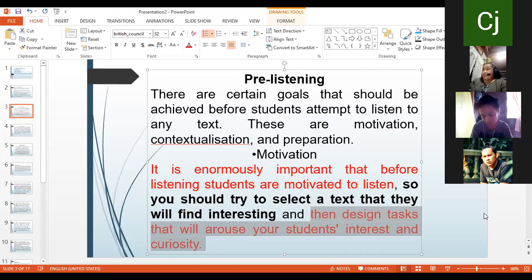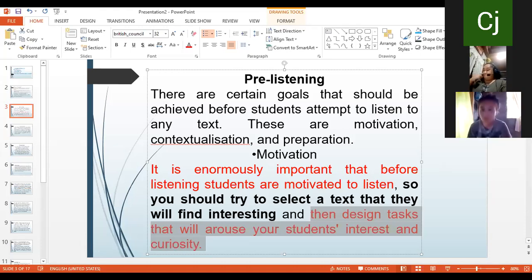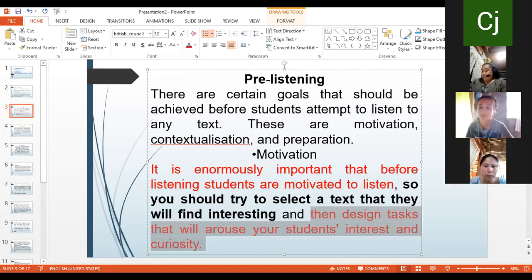Like the one I gave you, the speech of Emma Watson. Although you know Emma Watson, right? Who here doesn't know Emma Watson? Miss Soberon, you know Emma Watson, right? Yes, ma'am. Miss Vinluan, you know Emma Watson, right? Yes, ma'am.